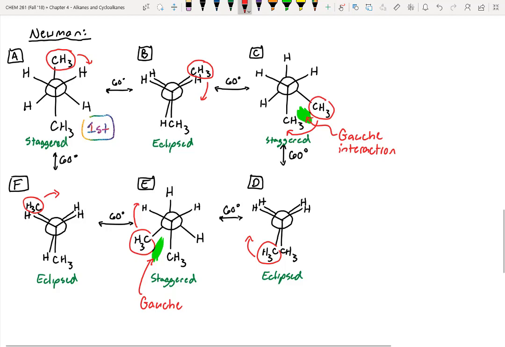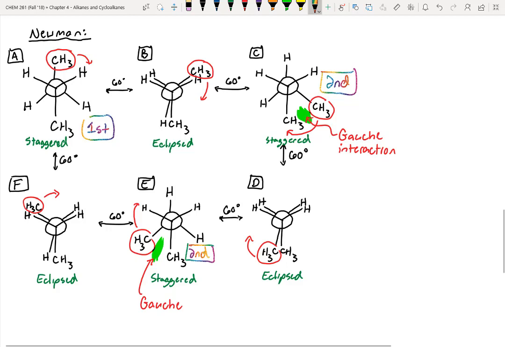Okay, so now we've gone through and I've said, all right, that's first. We've got a second place winner here, second place winner here. It's pretty good. All right, now let's look at the various eclipse conformations. We're looking between B, F, and D. Which one do you think is going to be far and away the least stable?